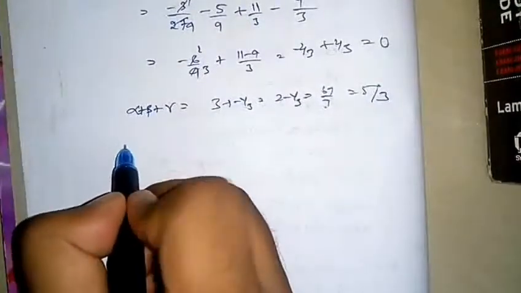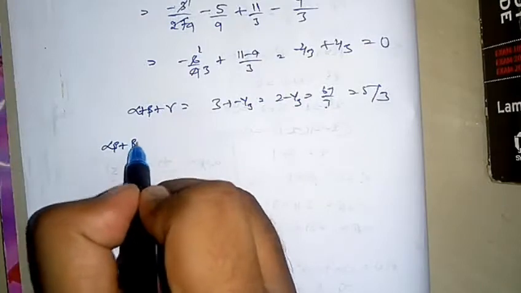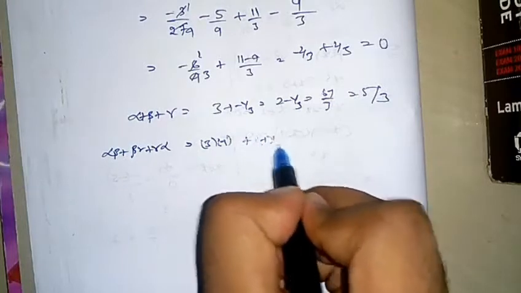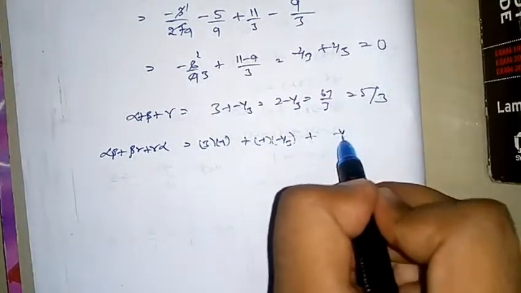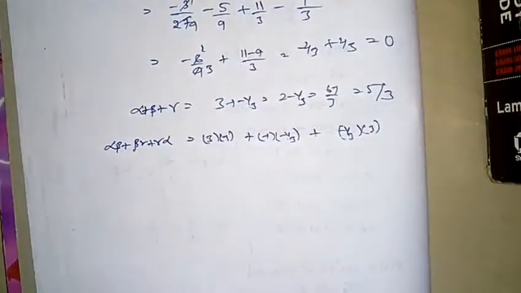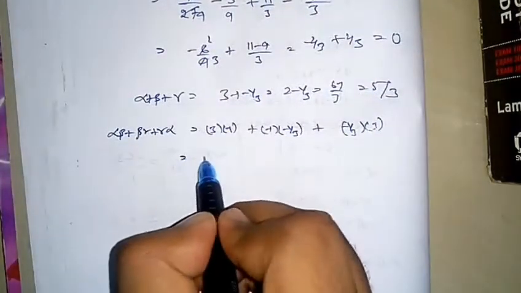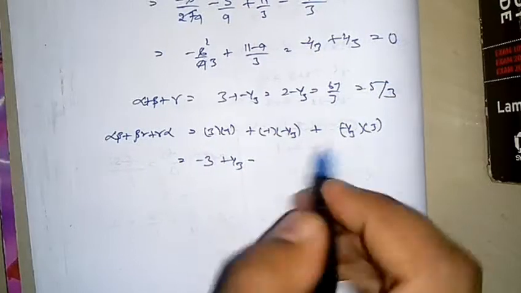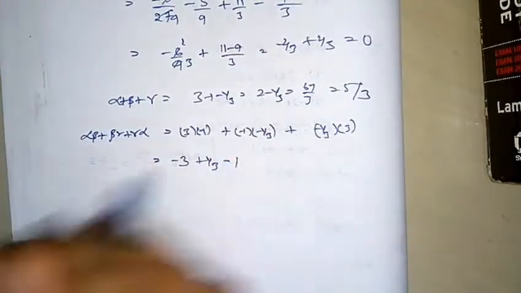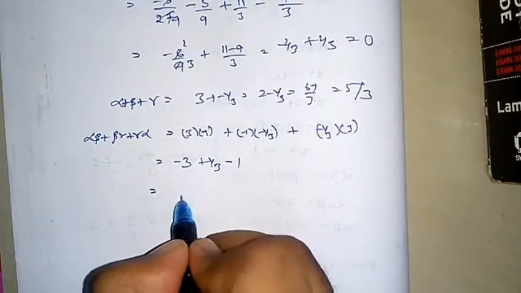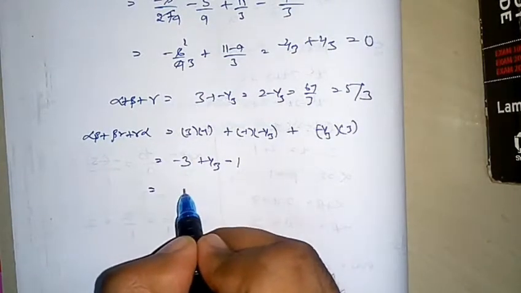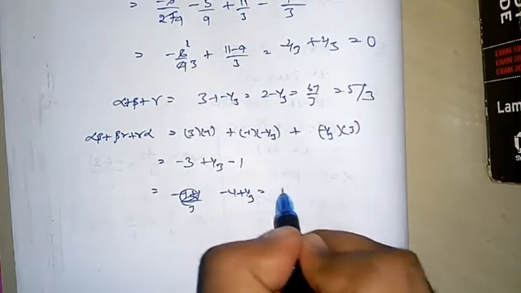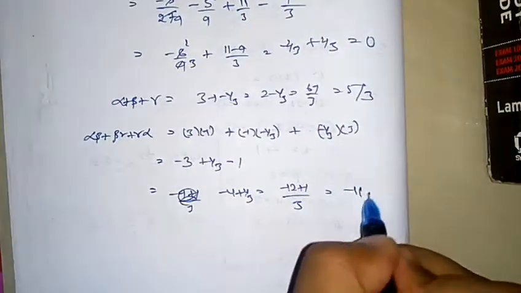And the sum of product of two roots taken at a time, alpha beta plus beta gamma plus gamma alpha, is equal to 3 into minus 1 plus minus 1 into minus 1 by 3 plus minus 1 by 3 into 3, which is equal to minus 3 plus 1 by 3 minus 1, which is equal to minus 4 plus 1 by 3, which is equal to minus 12 plus 1 by 3, which is equal to minus 11 by 3.